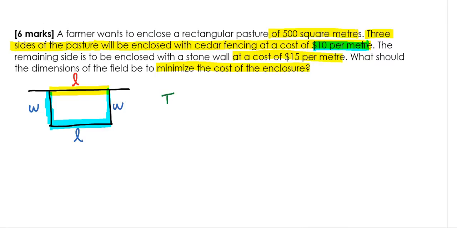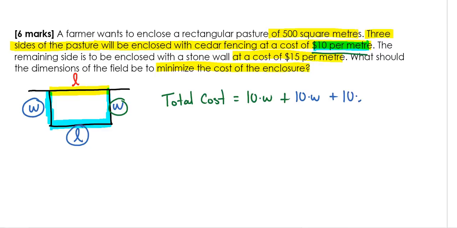Okay, so let's write out an expression for the total cost now. Alright, so for this width right here, the total cost of that is going to be 10 times the width, because it's $10 per meter, plus the total cost of this other width, which will be $10 times the width, plus this length right here would be $10 times the length, plus this length over here, that's the stone wall, so that's going to cost $15 times the length, and so this gives me the mathematical expression for the total cost.